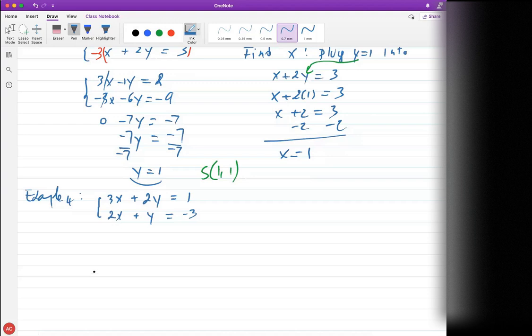Here's another system here. So if we add or subtract these two equations vertically like this, will any of the variables cancel out right away if we add or subtract? Or do we have to multiply one of them by something?